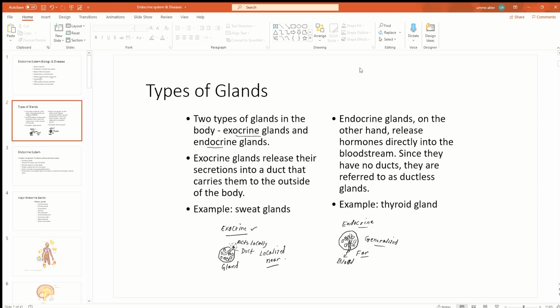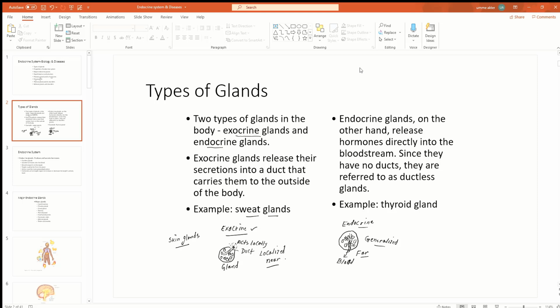Now, examples of exocrine glands: all the glands of your skin are exocrine glands. Skin glands, sweat gland, sebaceous gland, those are the glands of the skin. They are exocrine.